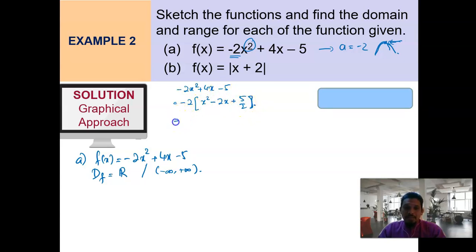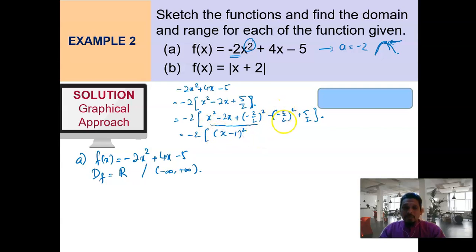Okay, so then negative 2 x squared minus x plus... x squared minus 2x plus negative 2 over 2 squared minus negative 2 over 2 squared plus 5 over 2. Okay, for this part, it gives us x minus 1 squared.